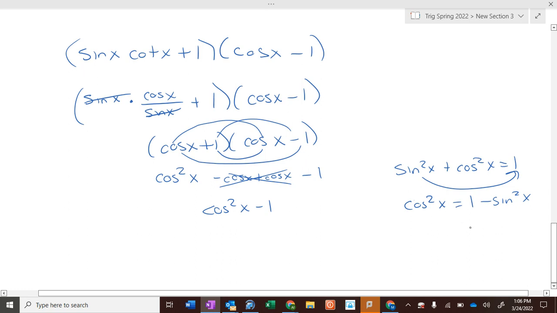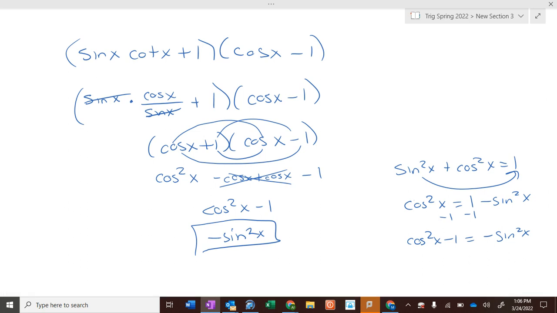So that's what cosine squared of x equals. Well, if we subtract 1 from each side, cosine squared of x minus 1 would equal negative sine squared of x. So this cosine squared of x minus 1 equals a negative sine squared of x. That's where we'd end up. Wow.